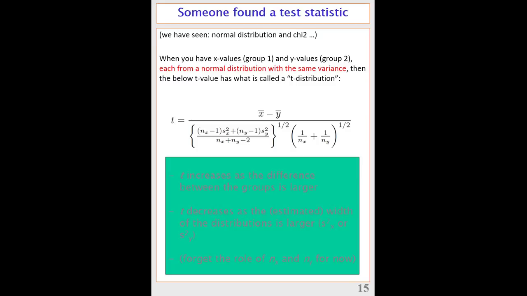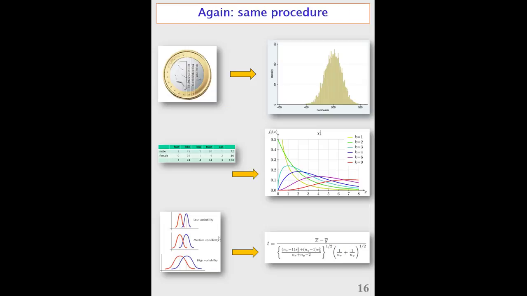Okay, so, main message, we came from there, point, and a distribution that we could think of ourselves, or at least simulate. Then we had tables, and we came up through some hand waving with a chi-square distribution. The chi-square distribution gives us a number that we can work with.